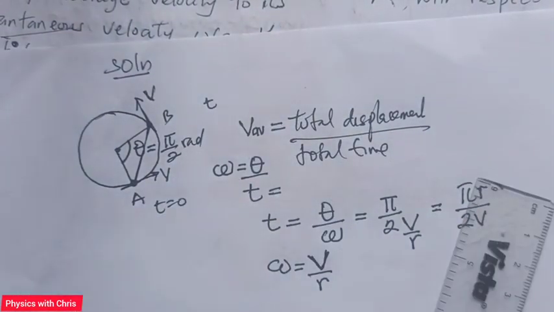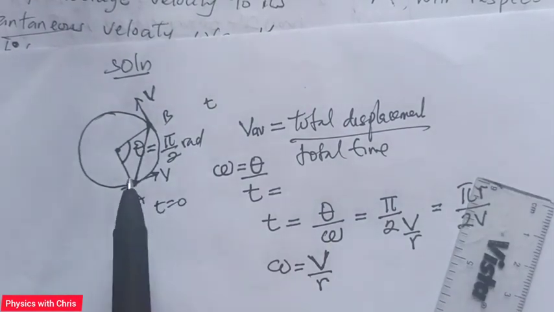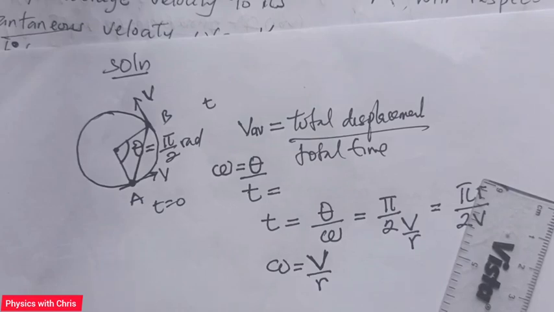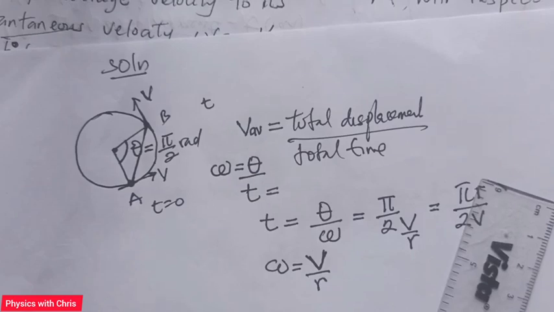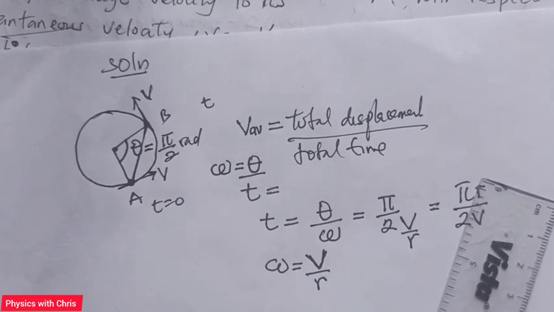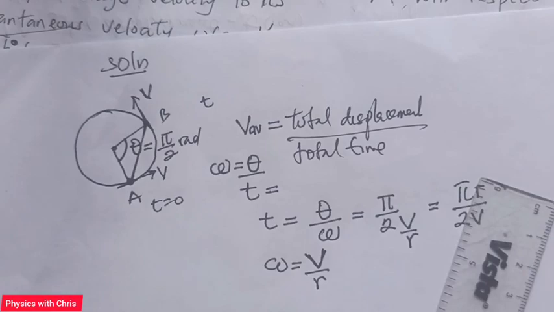So the length of this line AB is the particle's displacement. You know, displacement is always said to be the shortest distance between 2 points. That straight line that joins 2 points is the displacement, whereas distance is the length of the path. So it doesn't matter if the particle were to follow a path that is not straight. The total distance covered is the length of that path.